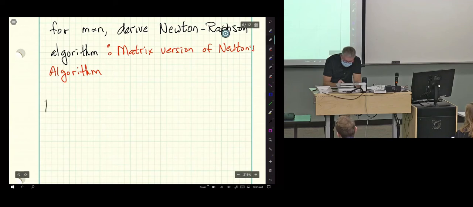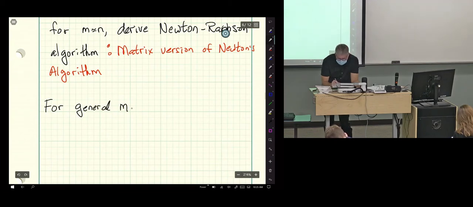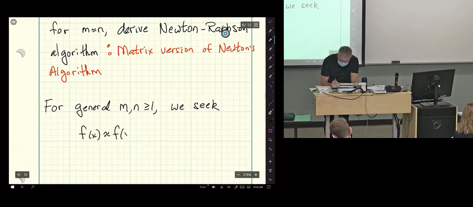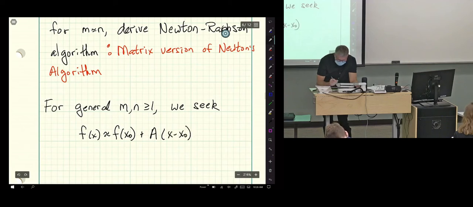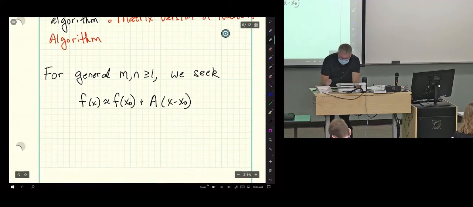Okay, so for general m and n bigger than or equal to 1, we seek something like this. F of x is approximately equal to f at a point plus a matrix times x minus x0. Okay, so x0 is in R^m.